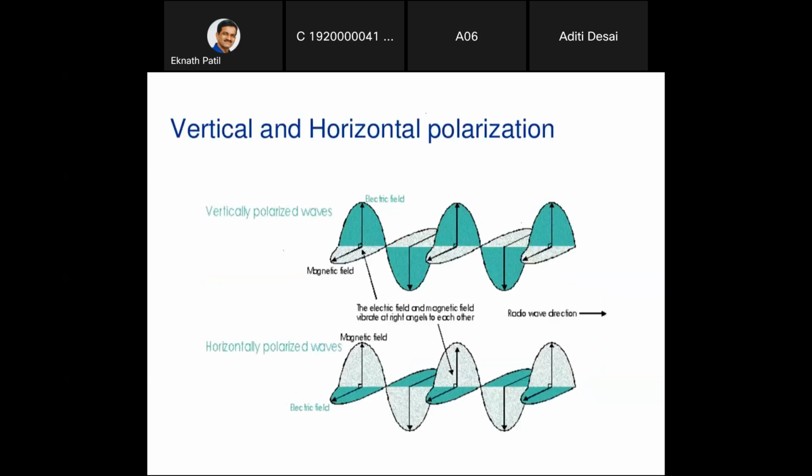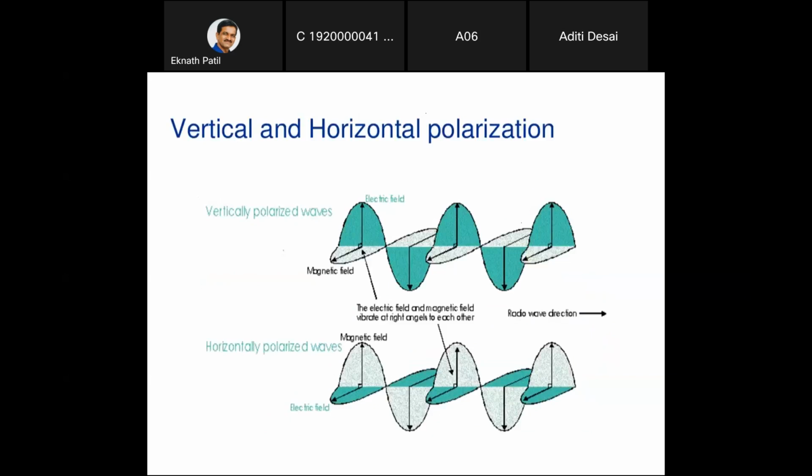Now horizontal and vertical polarization come into the picture whenever we know which band of frequencies uses horizontal polarization and which band uses vertical polarization, because loss depends on the type of polarization and on what different things are in the vicinity.